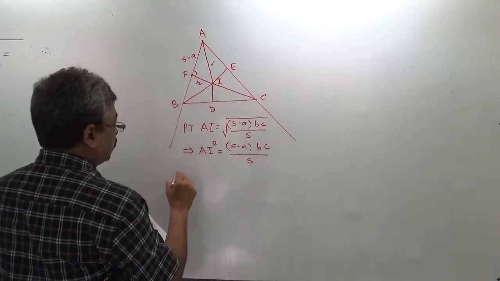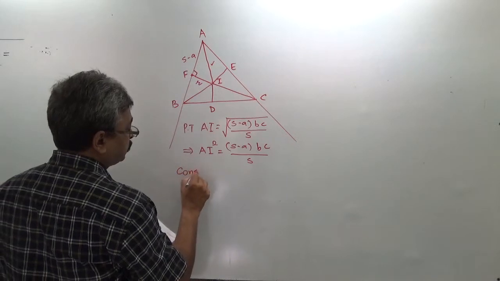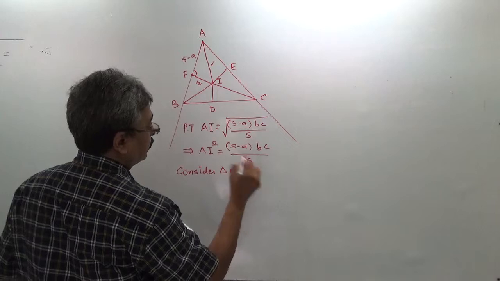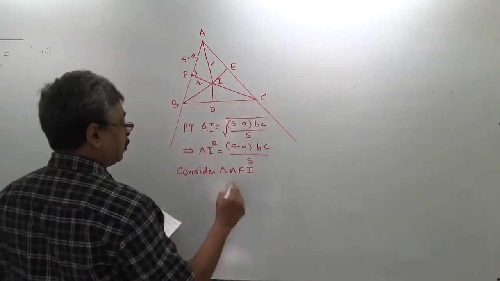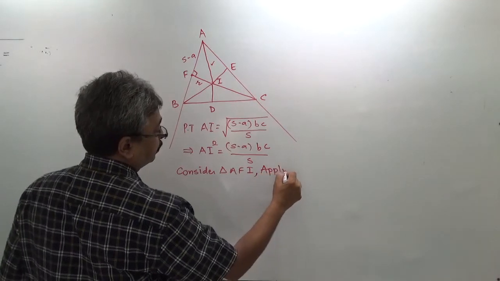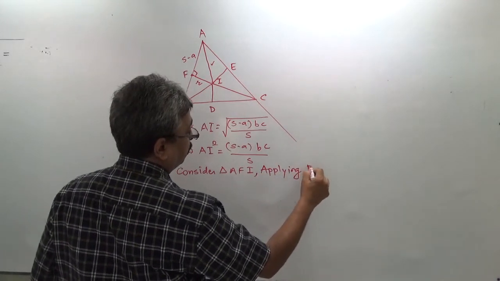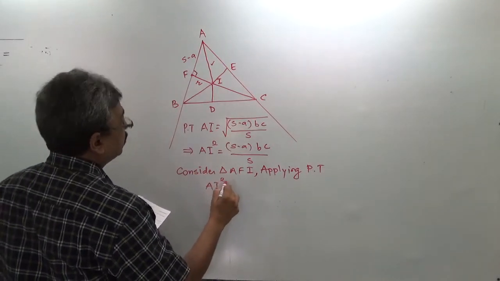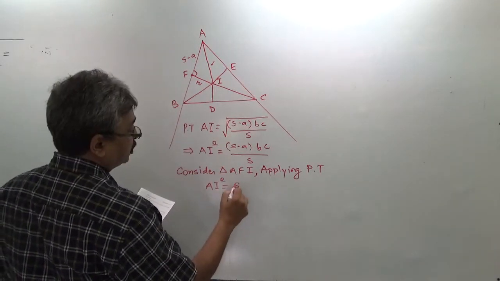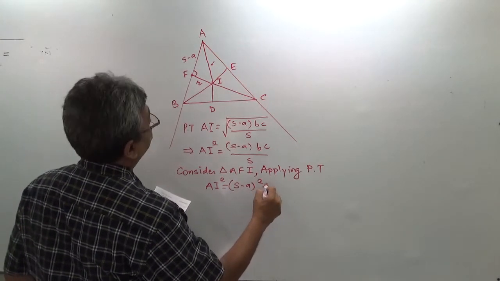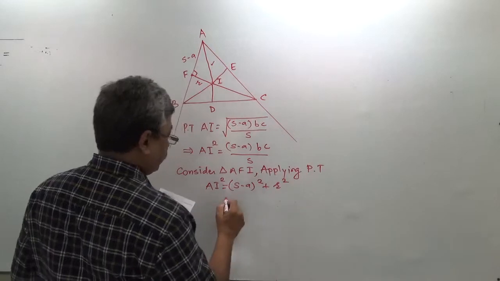So consider triangle AFI, which is a right angle triangle. Therefore, applying Pythagoras theorem, we get AI square is equal to (s minus a) whole square plus r square.